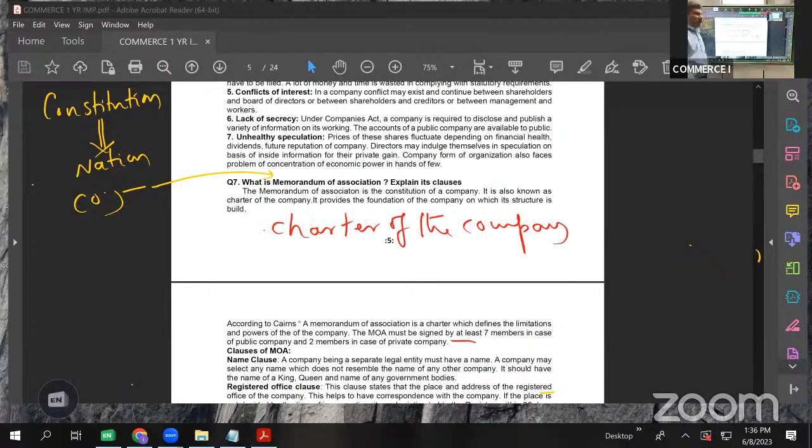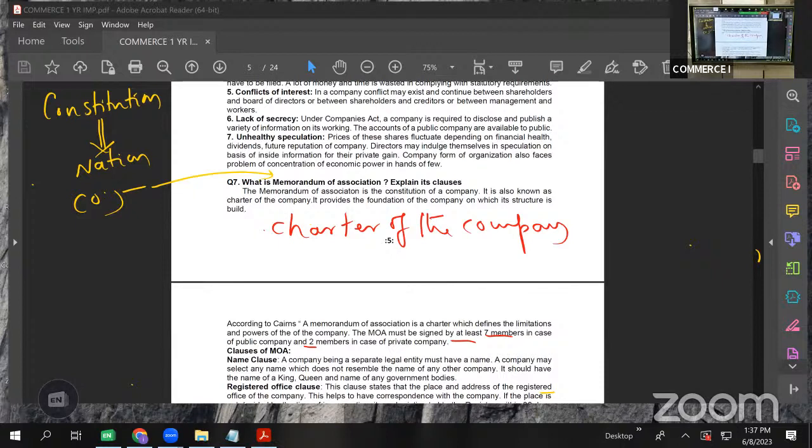The Memorandum of Association must be signed by 7 members in case of a public limited company and 2 in case of a private limited company.